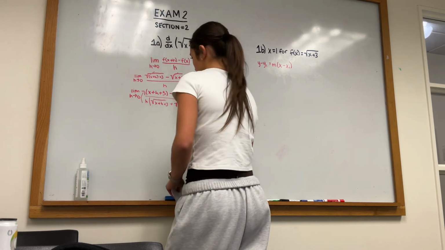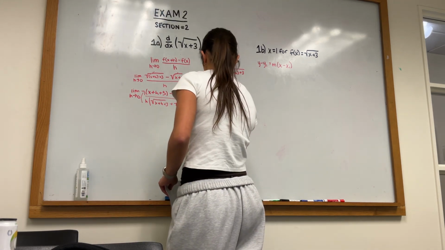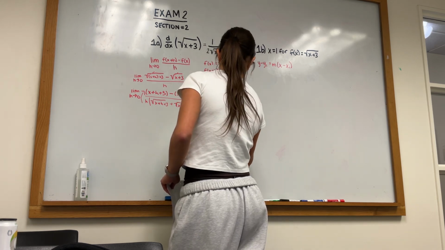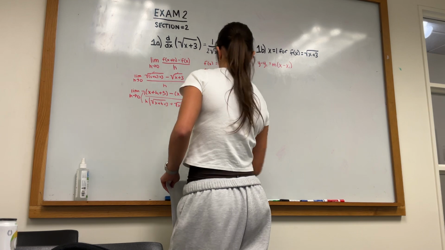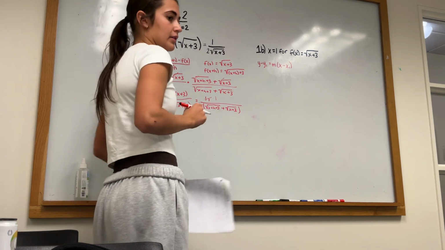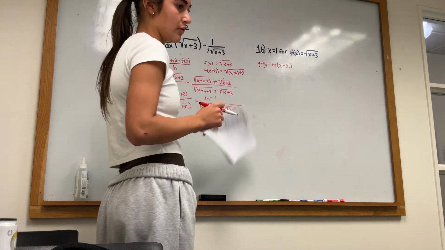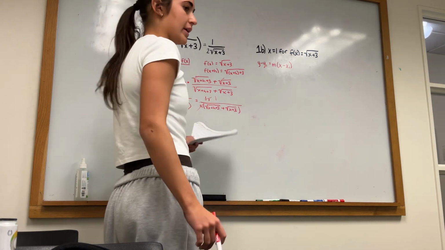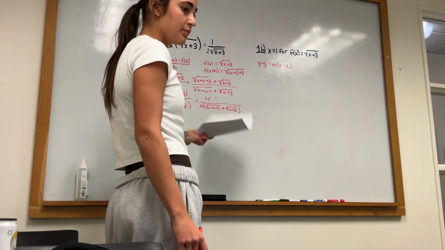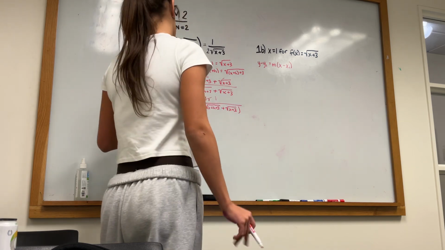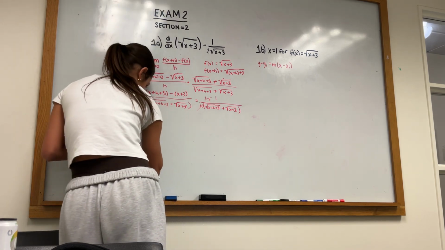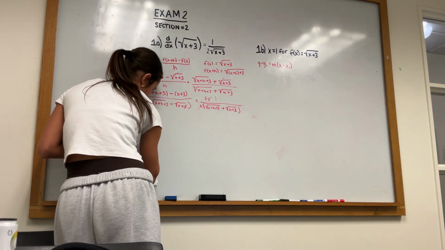H square root x plus h plus 3, and then plus square root x plus 3. And then here is when the h's can cancel. This will become 1. And then you're left with this equation. You're going to be able to factor out and simplify.